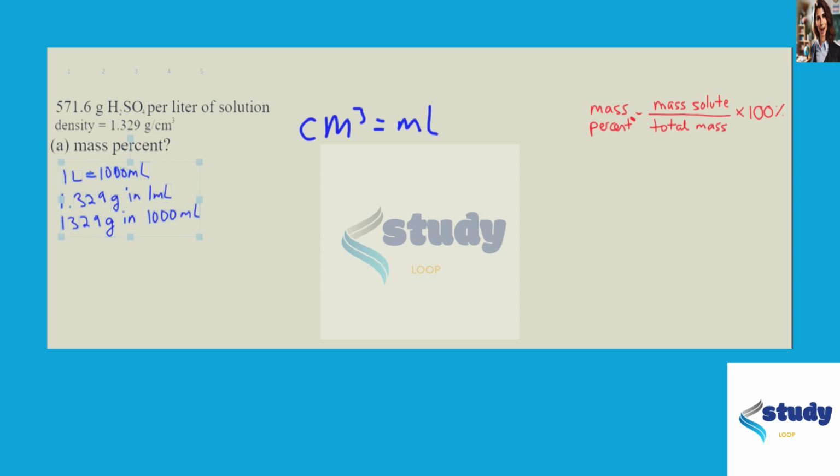we know that 1 liter of solution contains 571.6 grams. And we know that the total mass of that solution using the density is 1,329 grams. So this is for 1 liter of solution.